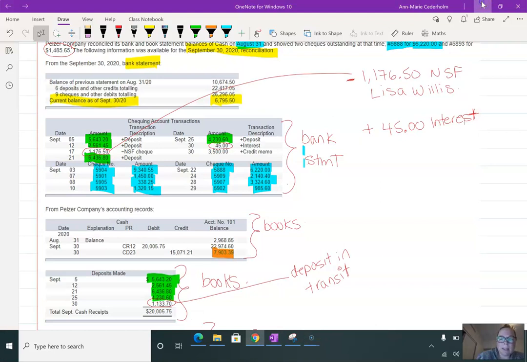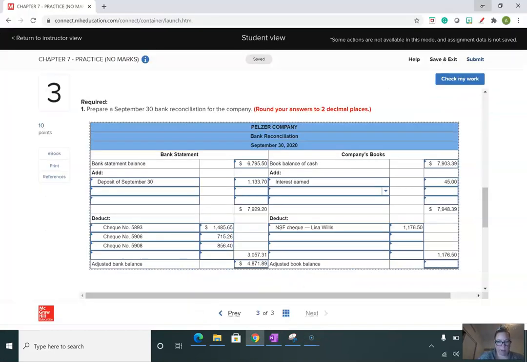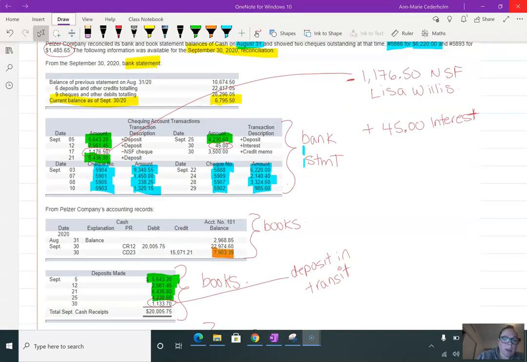And then the next item is this credit memo, and that's for $3,500, and I'm not really too sure what this is about. Each bank rec might be a little bit different. So we're just identifying any items that have gone in and out of the bank account that we haven't put into our books yet. They might be completely different items on the next bank reconciliation, so just make sure you're aware of that.